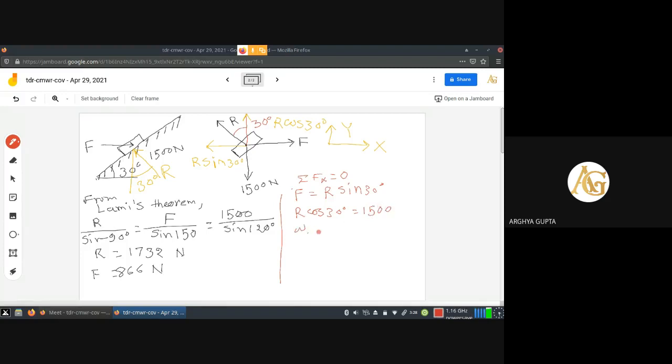So R is equal to 1732 Newton, and from this equation we can find F. The answers are coming equal in both the cases.